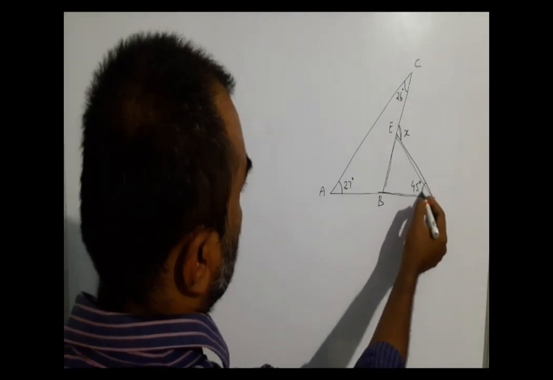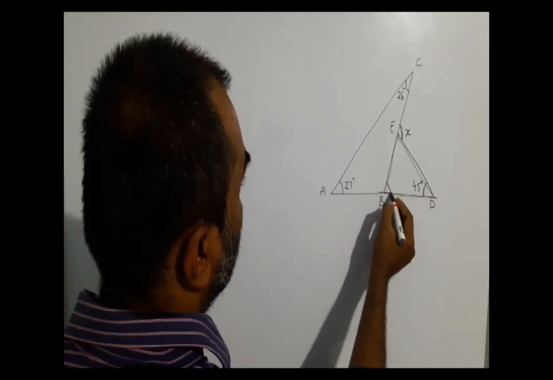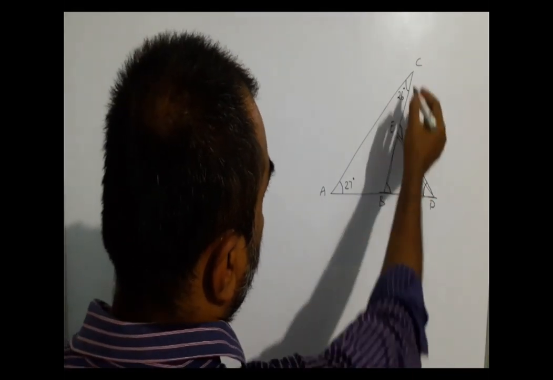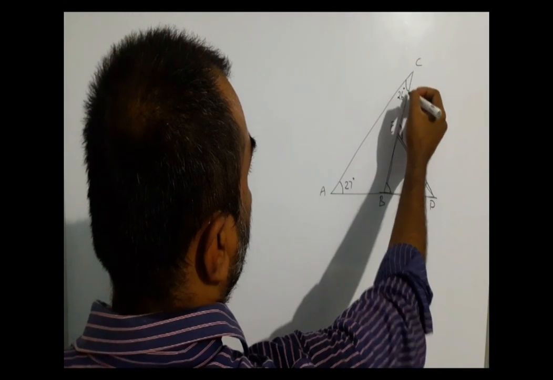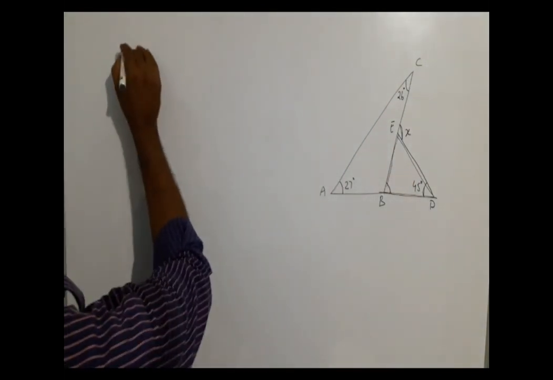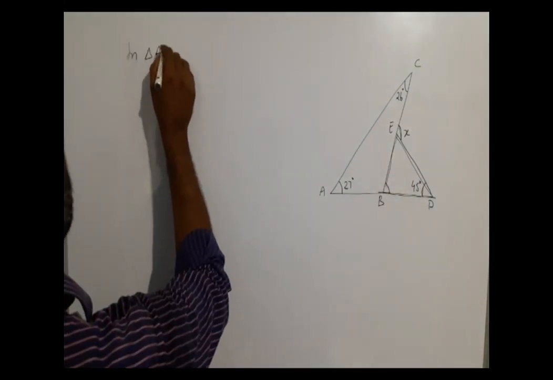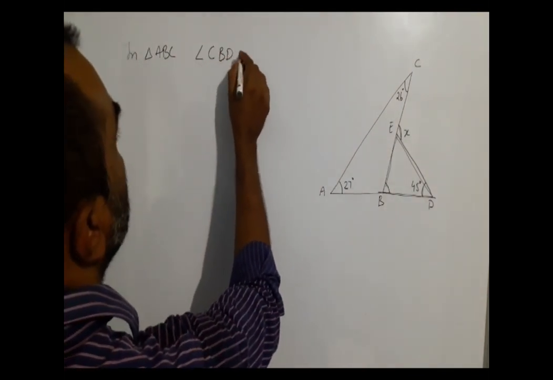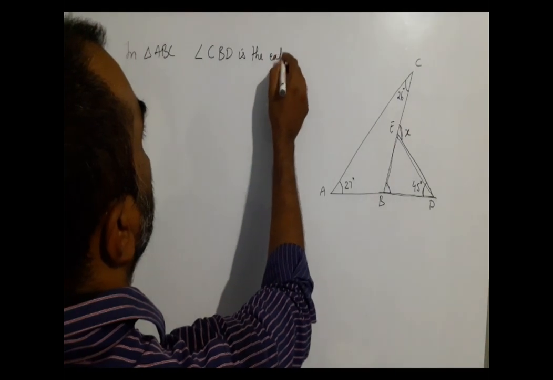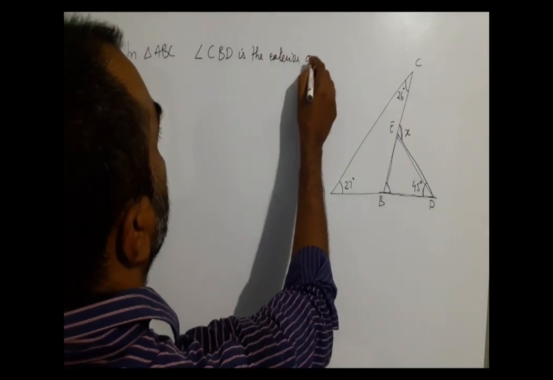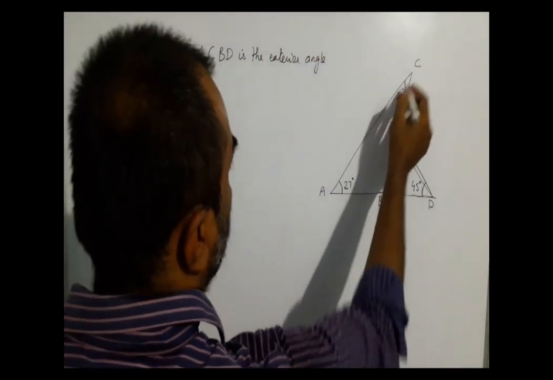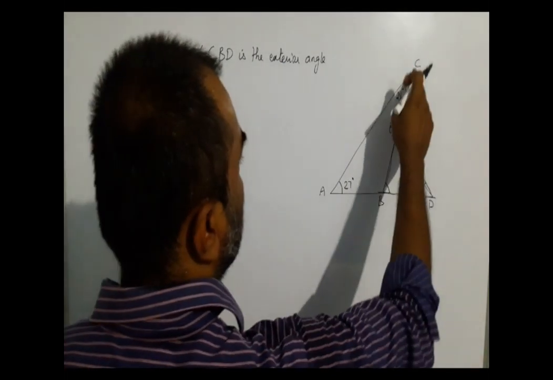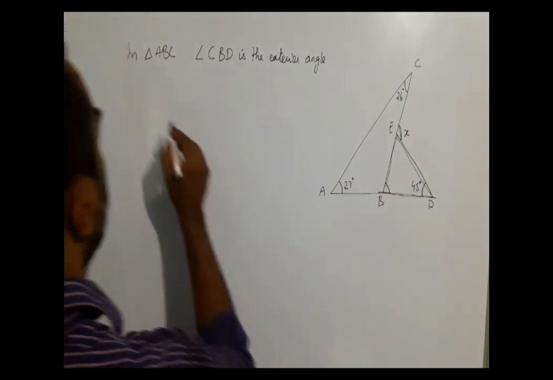So we know D. If we know B by some method, we can find X. Now angle CBD is the exterior angle of triangle ABC. Did you follow this? In triangle ABC, angle CBD is the exterior angle.